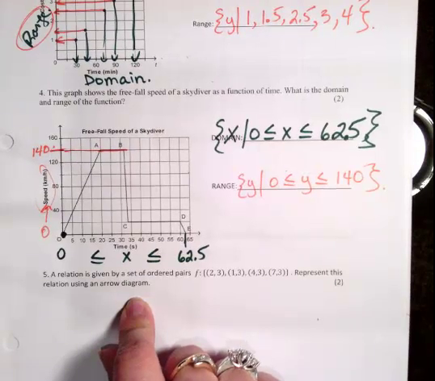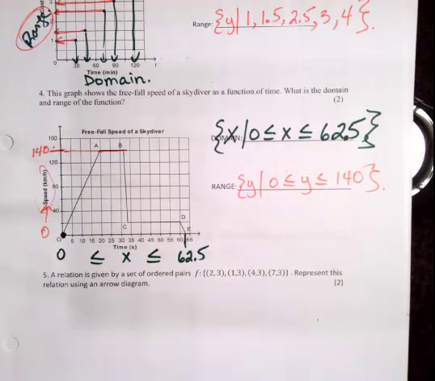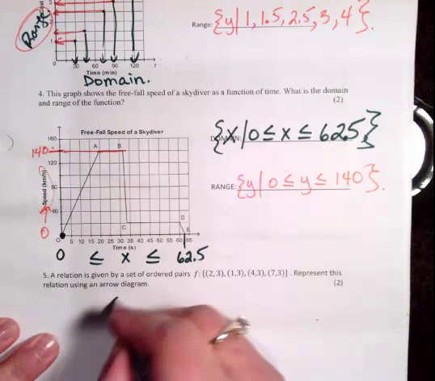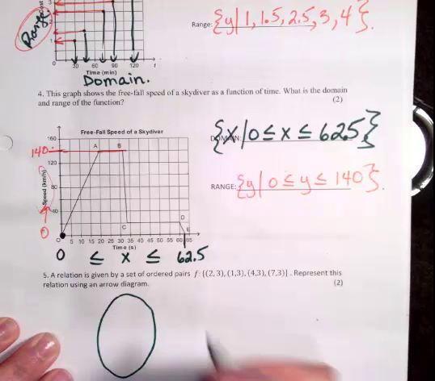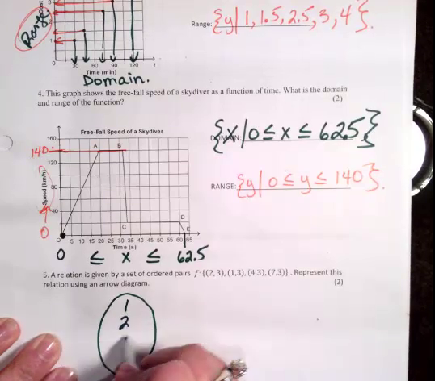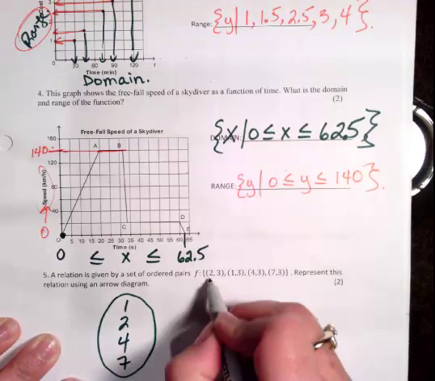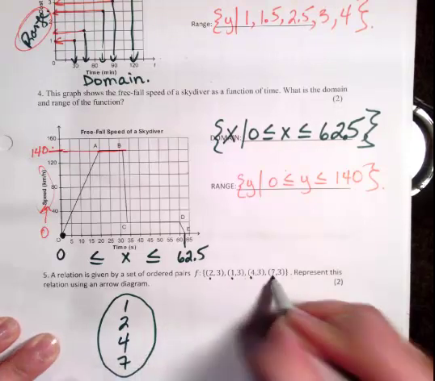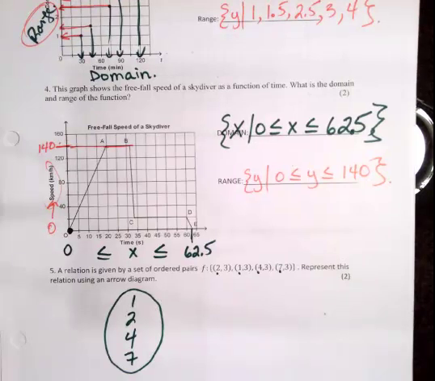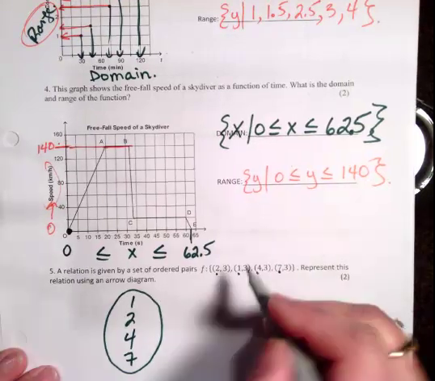Okay, so if you recall arrow diagrams, that is 2 ovals we had. One of them had the x values, 1, 2, 4, and 7. So right there. Okay. And the other one had the y values.